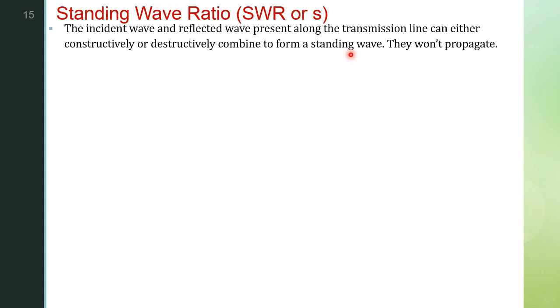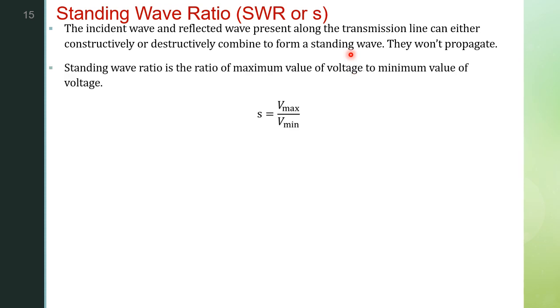So when you consider the standing wave ratio, it is actually the ratio of voltage maxima to voltage minima. That is, when you consider the constructive interference, they will combine together, thereby adding, and we'll get a maxima. When they destructively interfere, we'll get a minima.